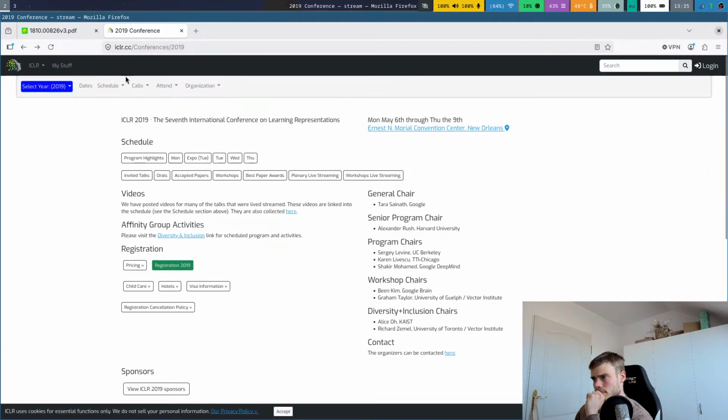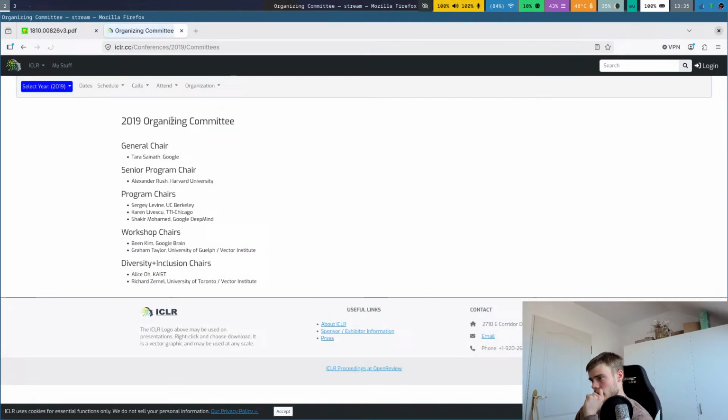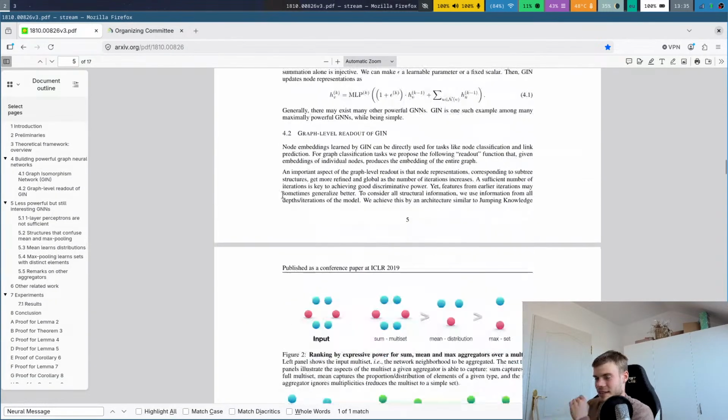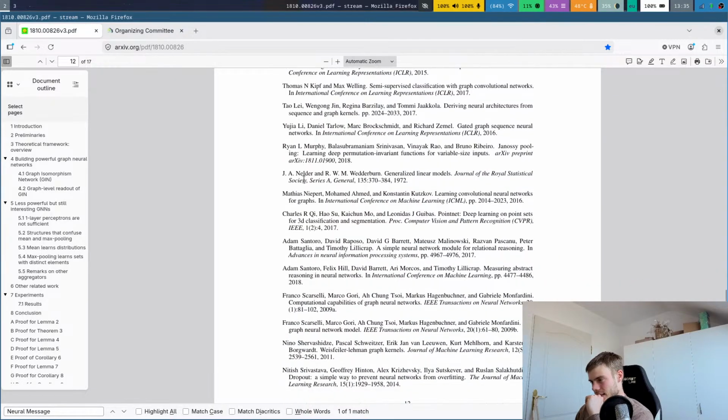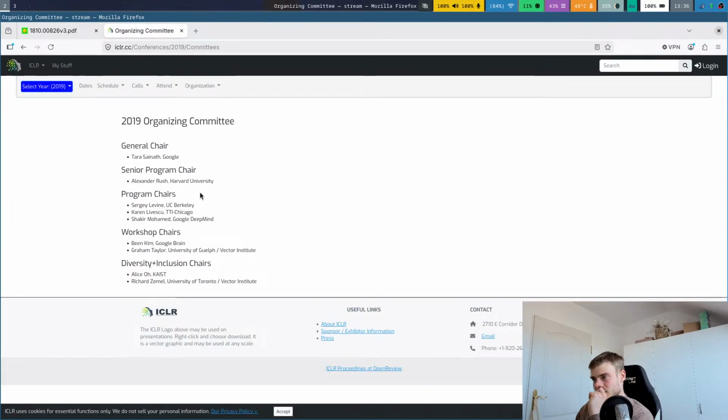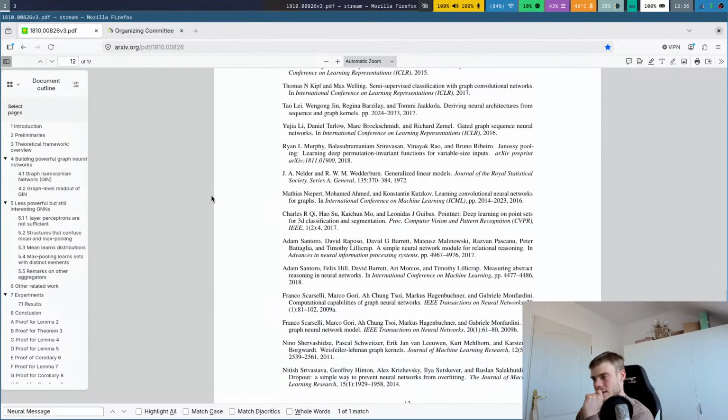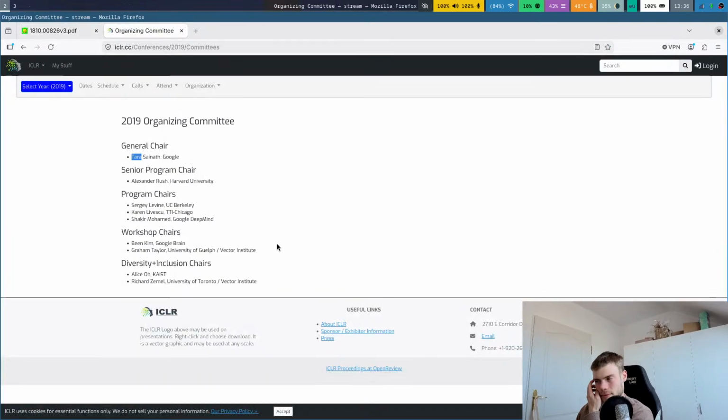Can you see the organization? Organizing committee. Now it would be interesting to look at the references and whether they explicitly reference someone on this. I mean, you cannot know, but Adam Santoro. Tara Sainath. Maybe they didn't.